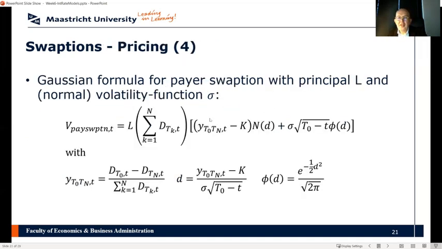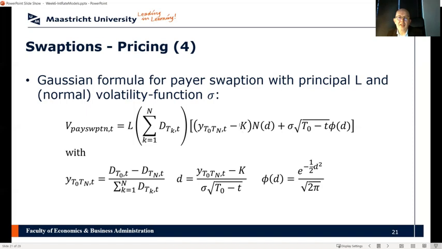As another variant, if we assume that the par swap rate has a constant volatility, so the par swap rate is a Gaussian martingale, with normal distributions, then the normal distribution option formula looks like this.